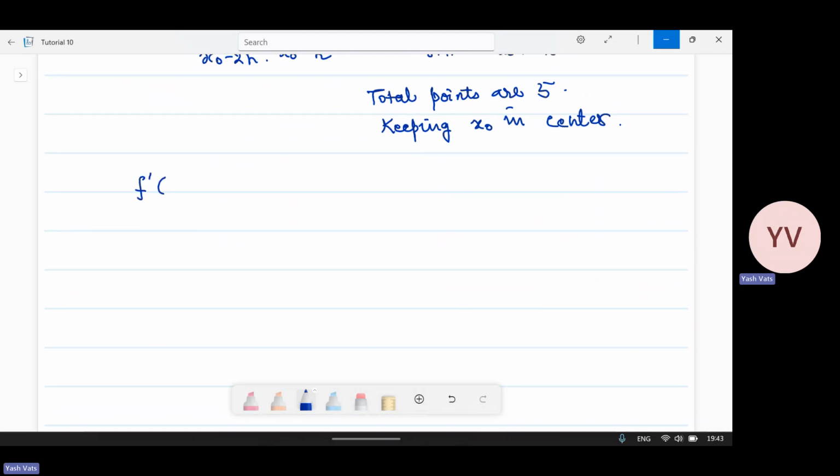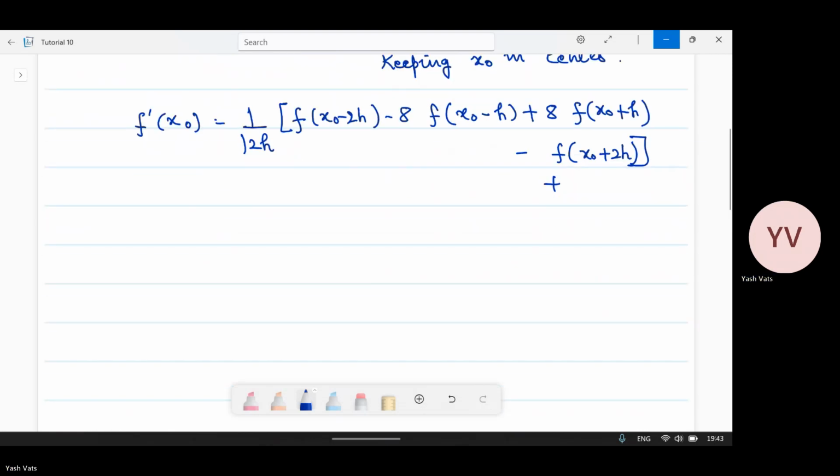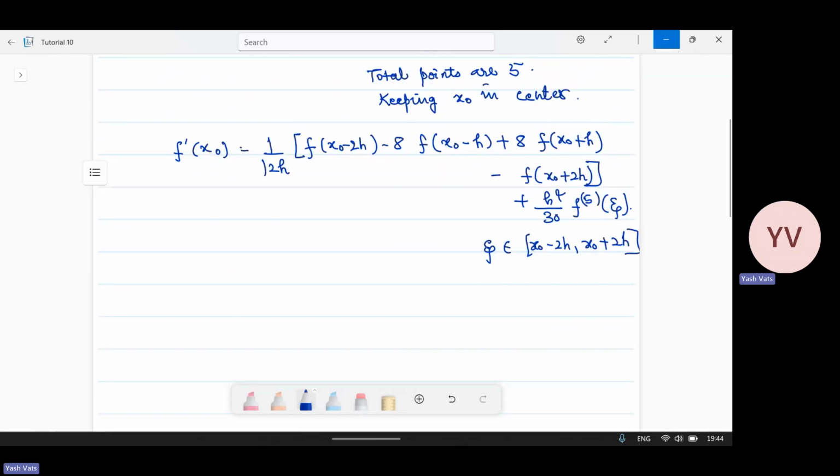The formula, you can derive it clearly. f dash x naught is 1 by 12h times f(x naught minus 2h) minus 8 f(x naught minus h) plus 8 f(x naught plus h) minus f(x naught plus 2h), plus h to the power 4 by 30 f fifth derivative of xi, where xi belongs to the interval. This is your formula for that.